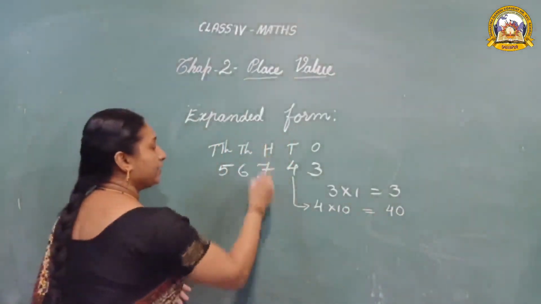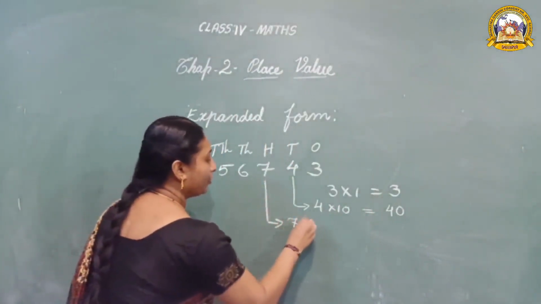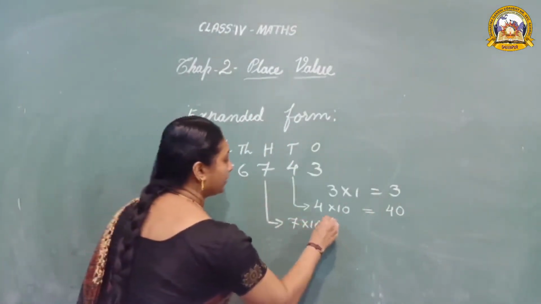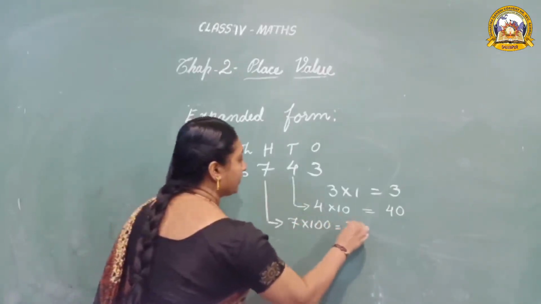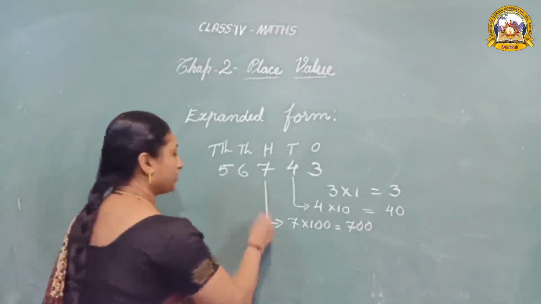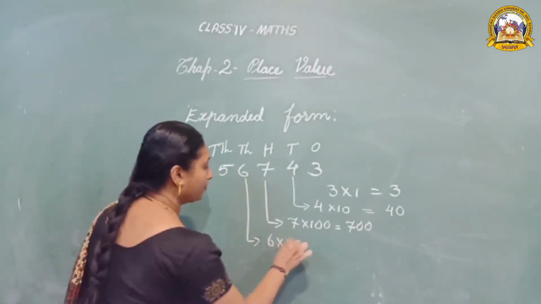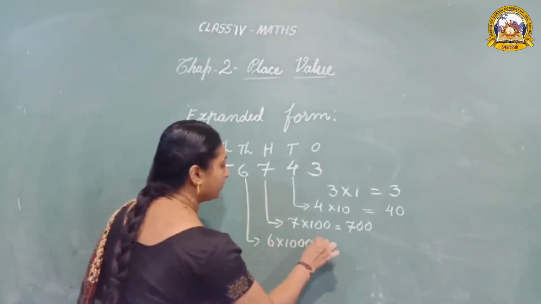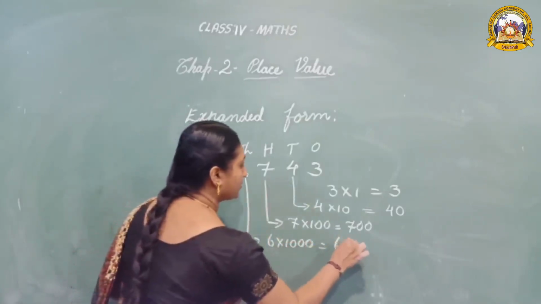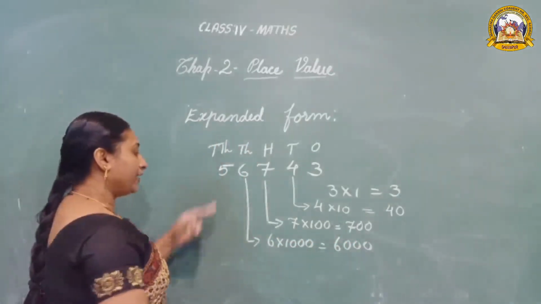Next, 7 hundreds. 7 into 100. 700. Next, 6 thousands. 6 into 1000. Yes, 6,000. Next, 5 10,000s.